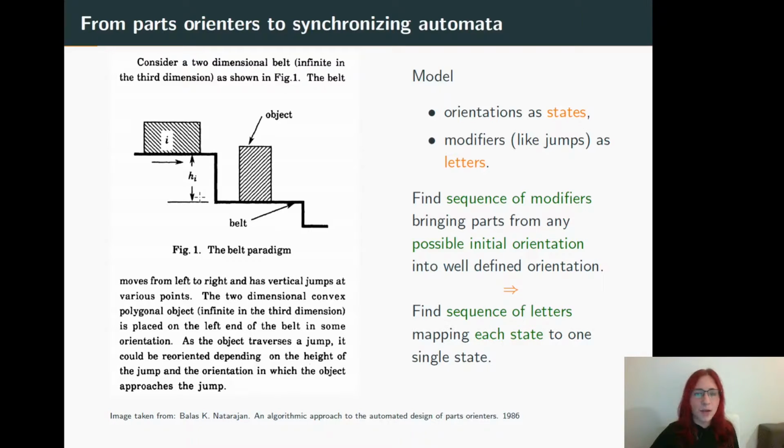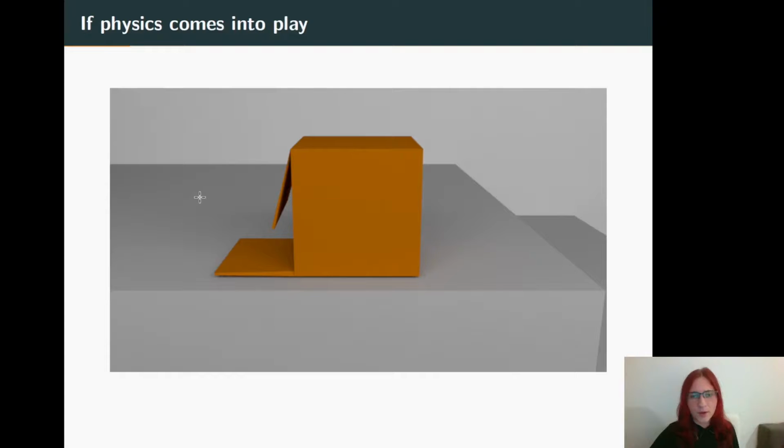But this might not always be the case. For instance, if we consider a box with lids which can be open or closed, then changing the orientation of the box might cause the lids to fall open.